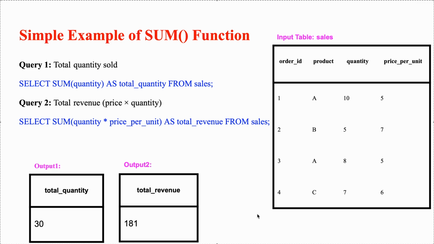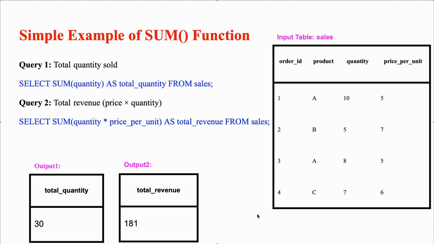Then in the second query, we calculate total revenue by multiplying quantity and price per unit and then applying SUM: SELECT SUM(quantity * price_per_unit), which gives us 181. This is a really practical way for testers to make sure that the total matches what's expected, especially in financial or sales reports.